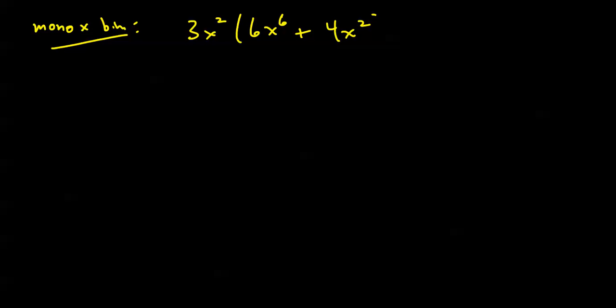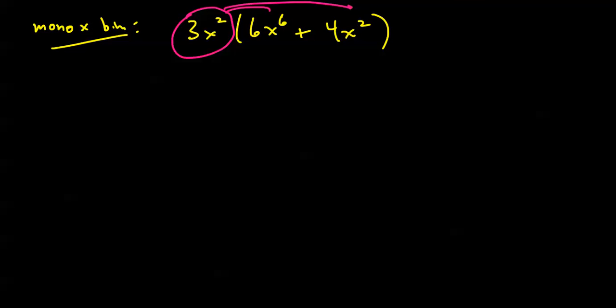Alright, up the ladder we go. Once we are conversant in monomials times monomials, let's talk about monomials times binomials. It's a simple example: 3x squared times 6x to the 6th power plus 4x squared. I'm sure you spot that we need to apply the distributive law here.